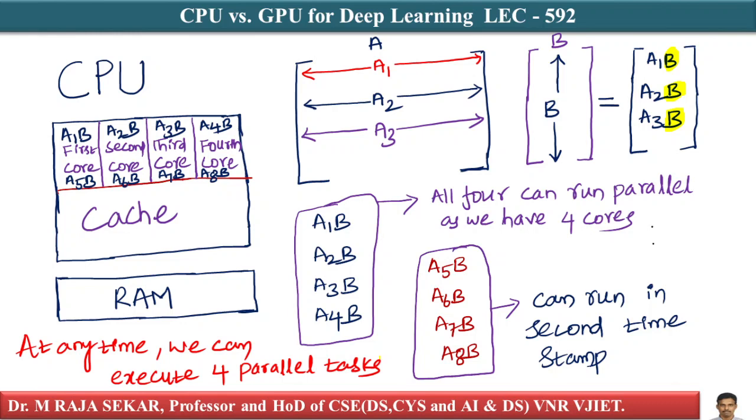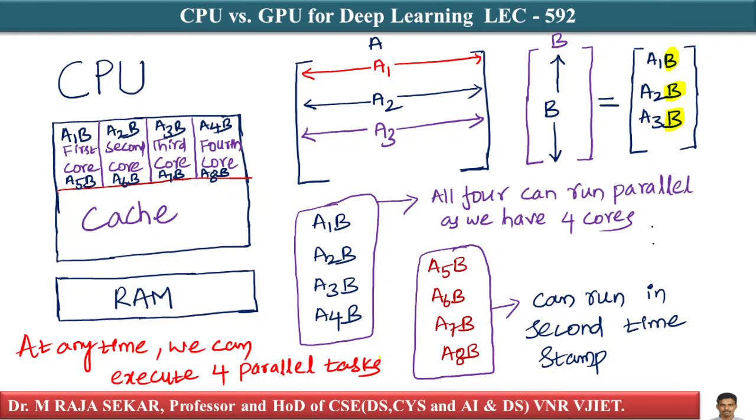Once these are done, in the second millisecond, I will run A5B, A6B, A7B, A8B. That's important. So on and so forth. But at any time, parallelly, I am running 4 tasks.